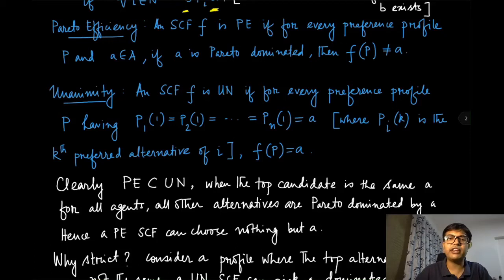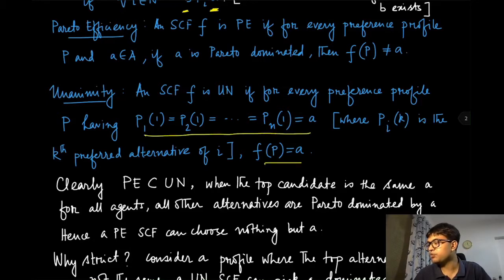So they agree on the topmost alternative, then the outcome should also be the topmost alternative, right? So this is what it means: P_i^k is the kth preferred alternative of agent i. So P_1^1 means it is the topmost alternative, the most preferred alternative of player 1. Okay, so that is unanimity.